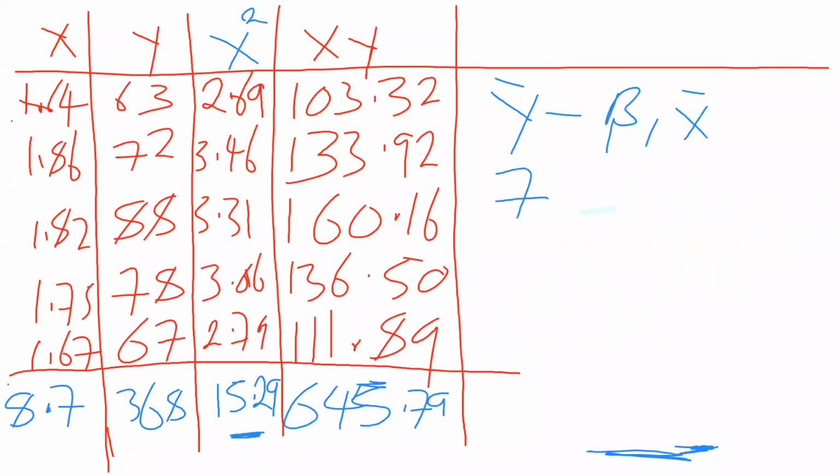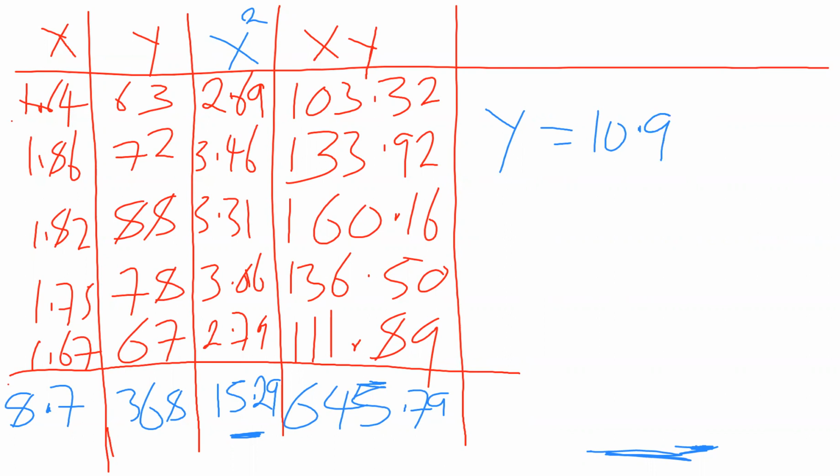The estimation of your line will be y is equal to beta naught, which is 10.98, plus beta 1, which is 35.99, times x, plus the error term. Is that clear? Yes.